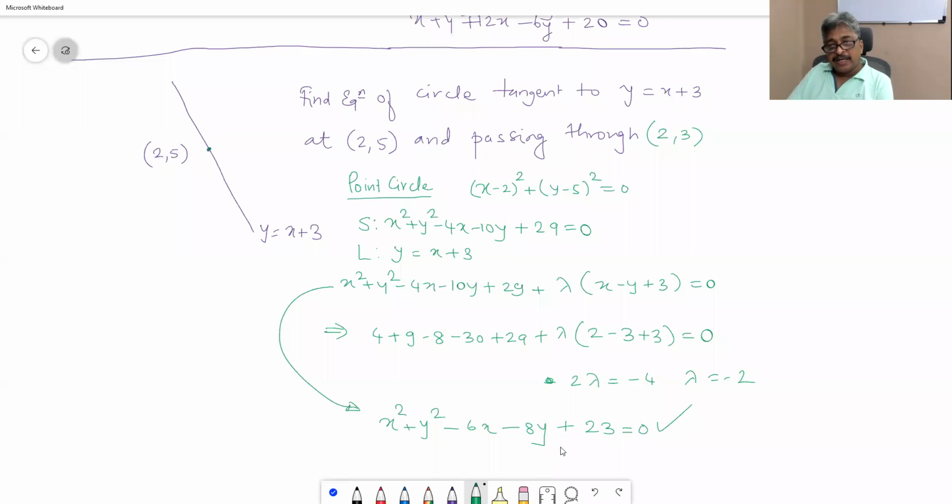Is this elegant? Now, point circle. In geometry, we would not have imagined, or when I told you that there exists a point circle, or that a straight line is a circle with infinite radius and a center at infinity, we think that it is not correct in geometry. Point circle, how can a point be imagined as a circle? But if I write the equation of that in two-dimensional geometry, this is the equation of a circle.